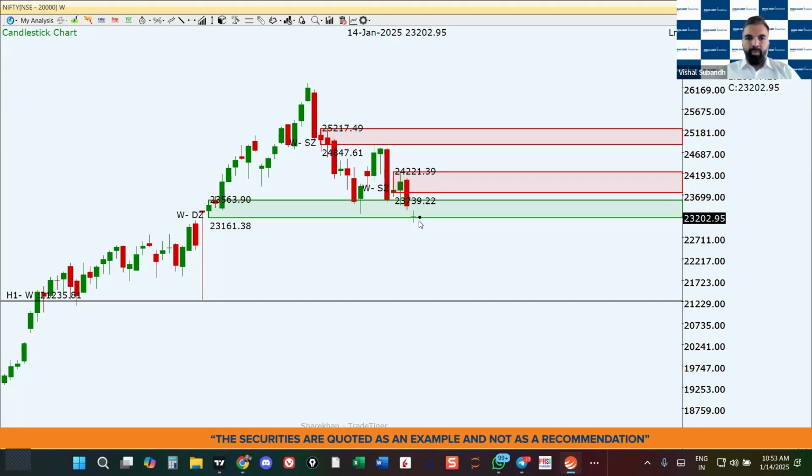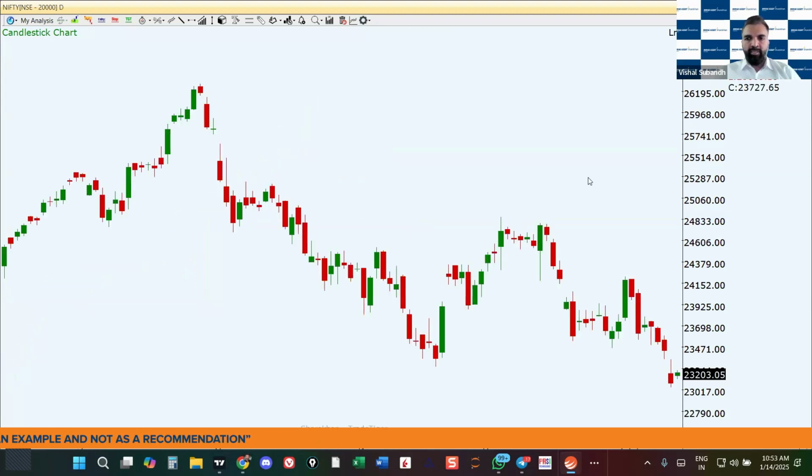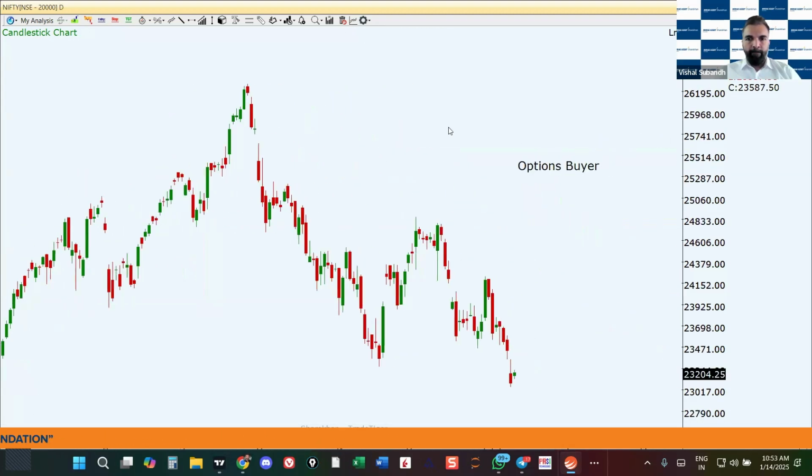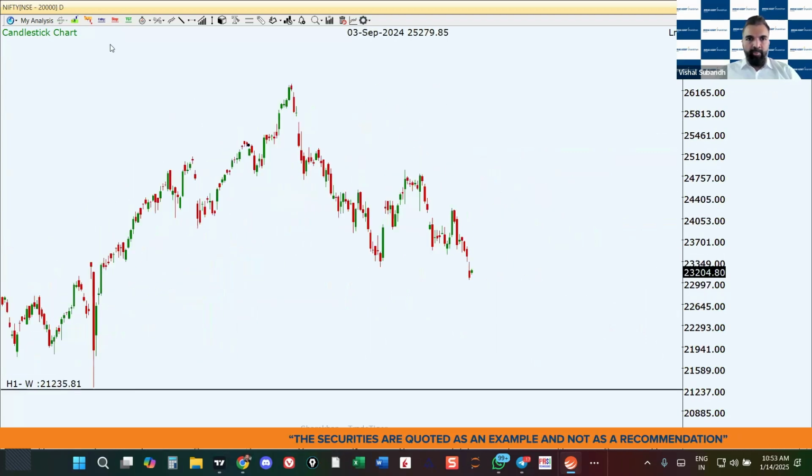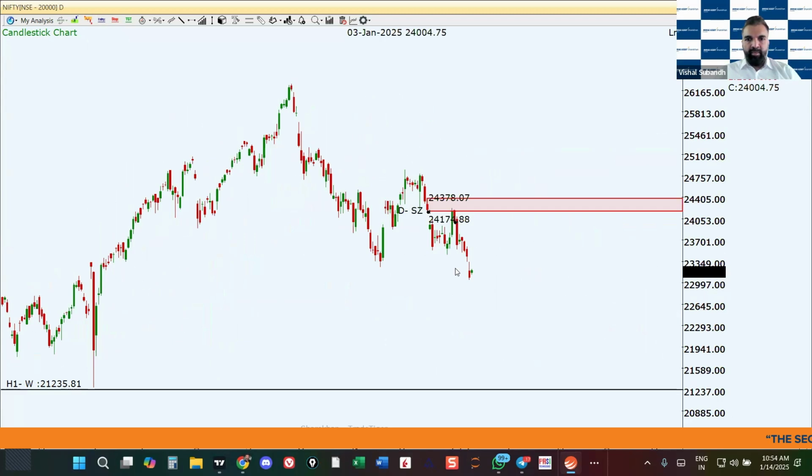If we go on to the daily chart, we had this level of supply on the weekly, and then price again gave us a bounce, came into this drop-base-drop level, and now has created a new low.